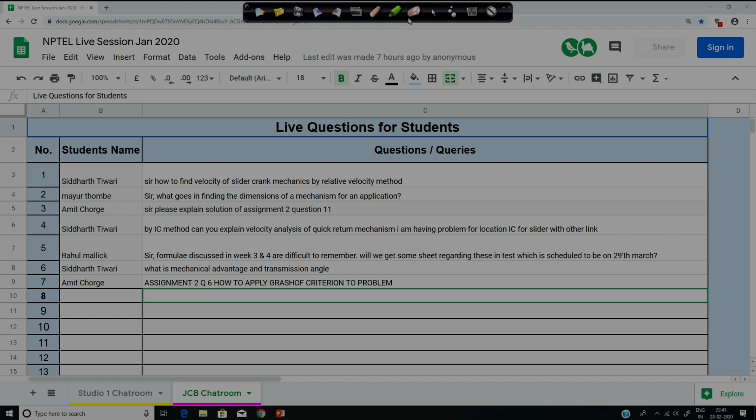Okay. Here is another question by Amit Chorge. He asks, assignment question 6, how to apply Grashof criterion to the problem?